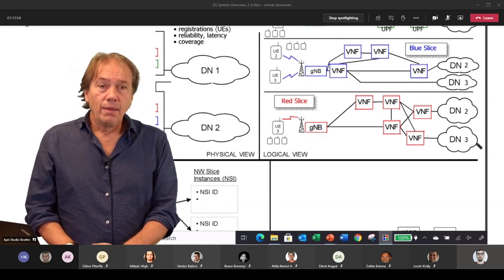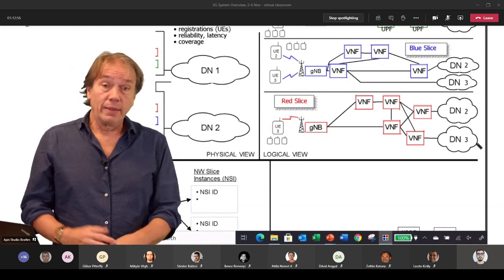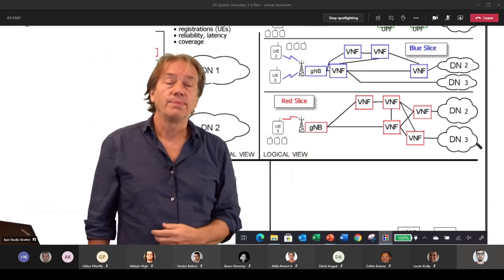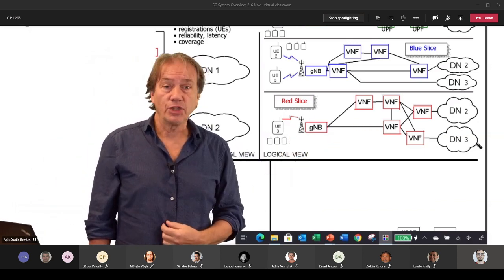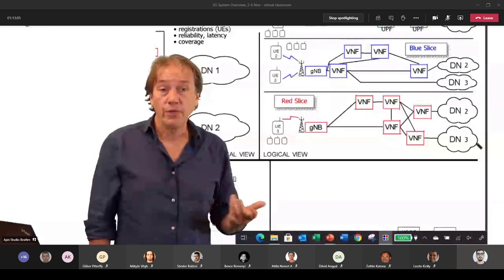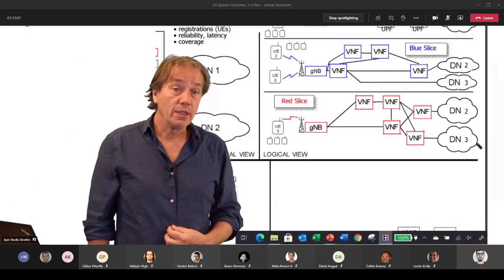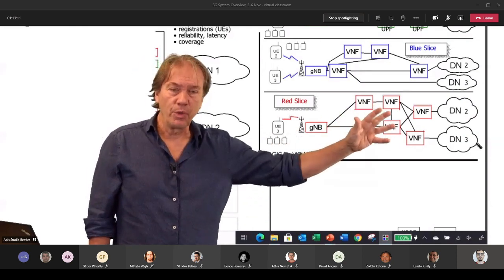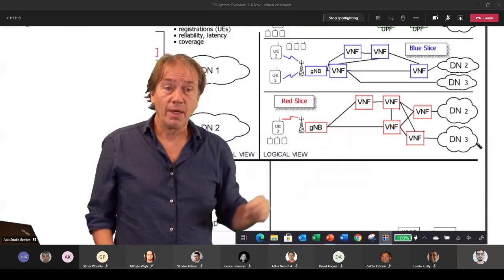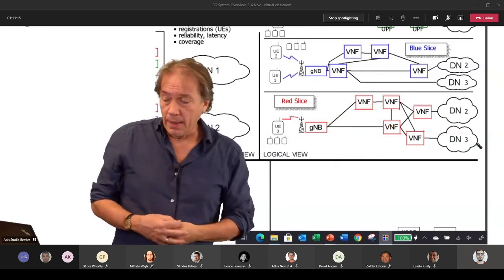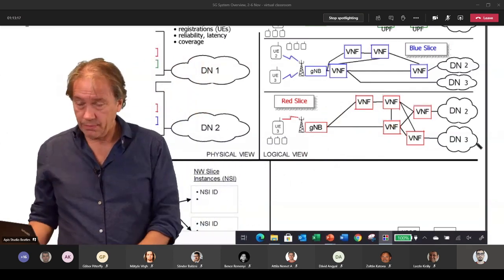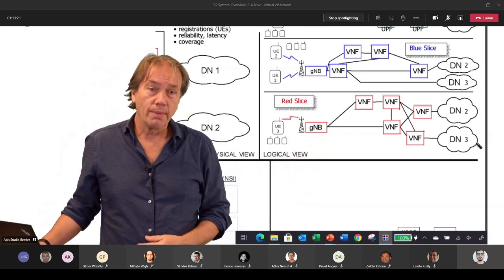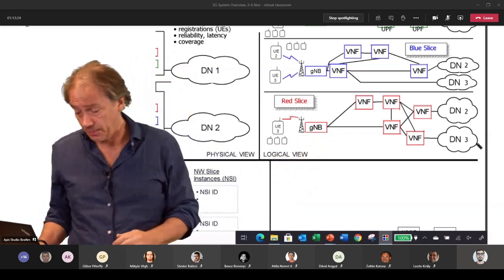All right, and maybe this is a slice for connected things like IoT things or machine type communications. You cannot really see that from the way I have designed the picture, but let's imagine that this is an IoT type of slice.